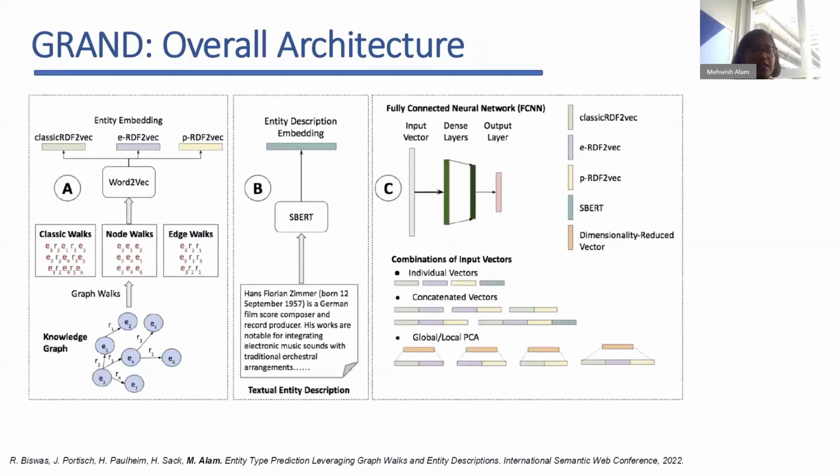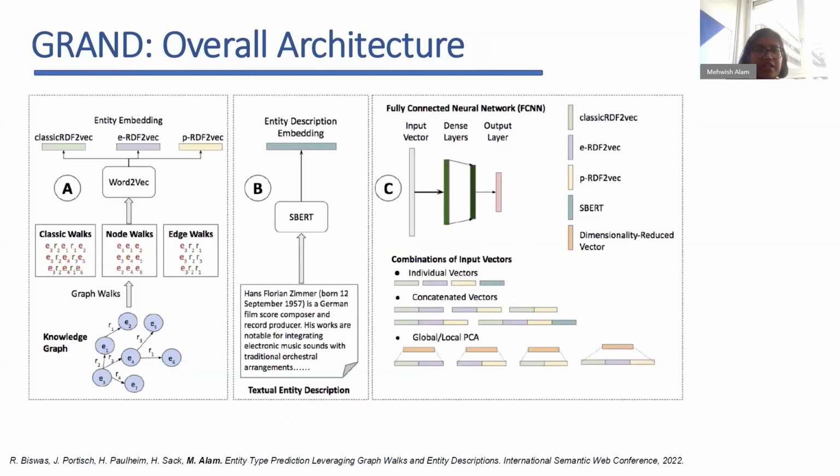And then this was our collaboration with the University of Mannheim, where we used different variations of RDF2Vec. In this case, we did classic normal walks that I was talking about before also. Then node walks only contain the node information, edge walks only took the relation information, and then we learned the embeddings of the entities based on these things using different variations of RDF2Vec.